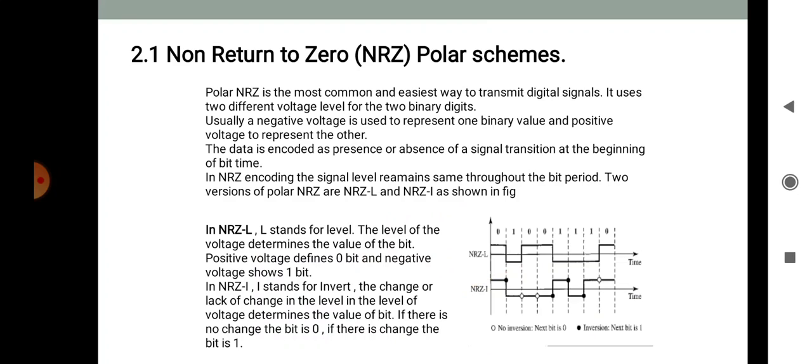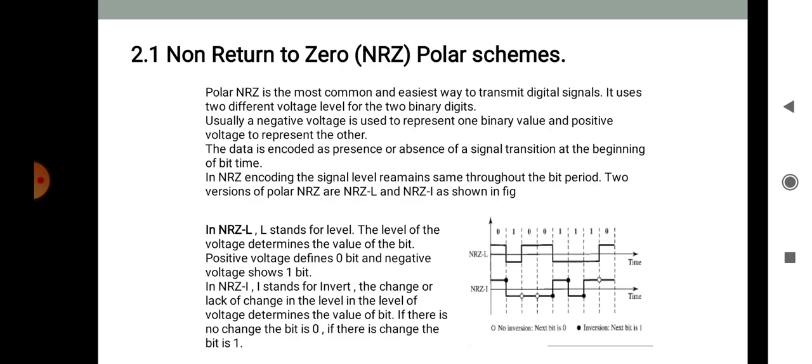The data is encoded as the presence or absence of the signal transmission at the beginning of the bit time. In NRZ encoding the signal level remains the same throughout the bit period, and the two versions of the polar are NRZ-L and NRZ-I.